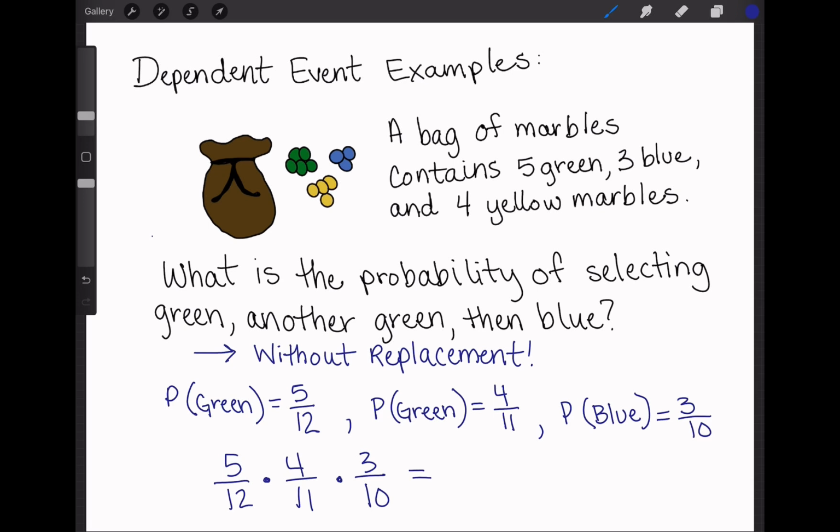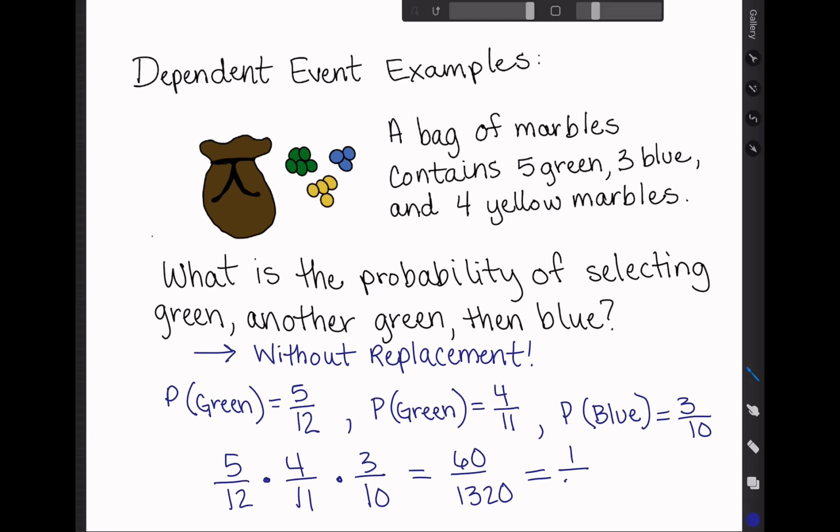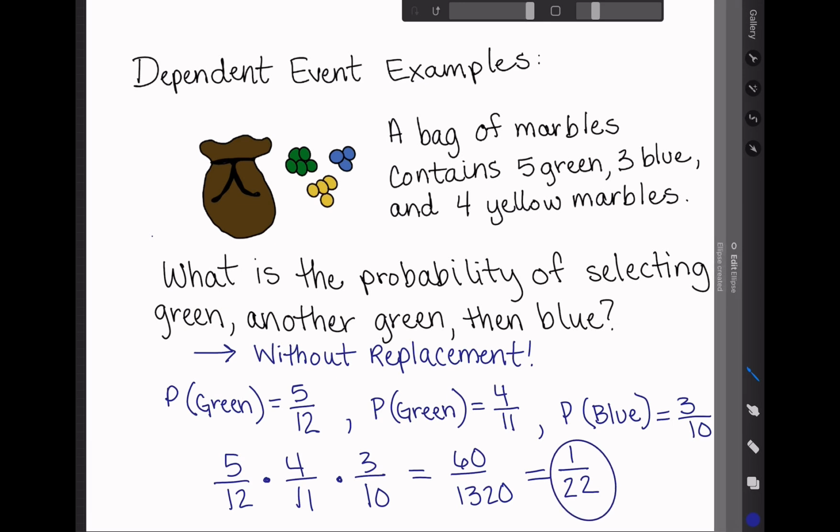So we multiply 5/12 by 4/11 by 3/10. 5 times 4 times 3 would give us 60, and 12 times 11 times 10 is 1,320. I'm going to simplify them because I know that they are all divisible by 60, and we are going to get 1 over 22. So there's a 1 in 22 chance of selecting green, green, and then blue. And that's your dependent events.